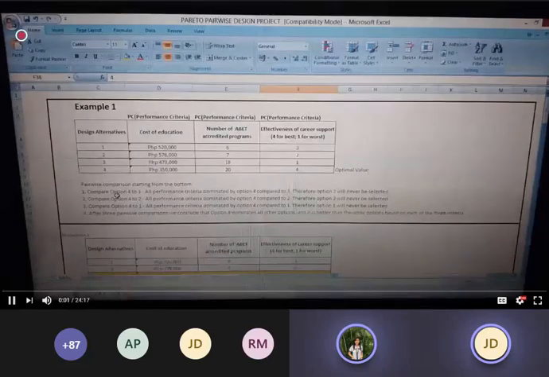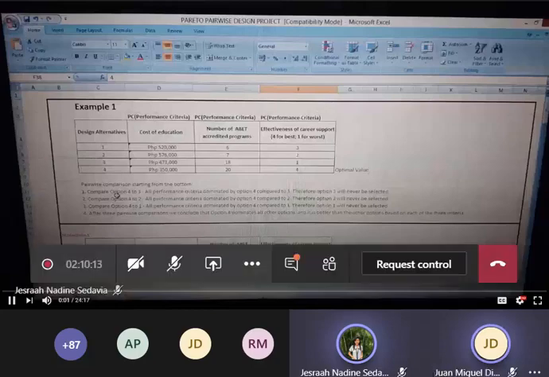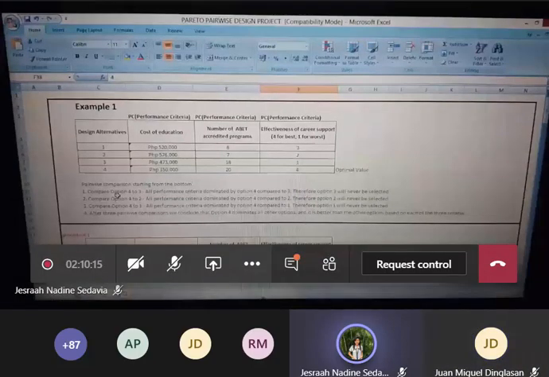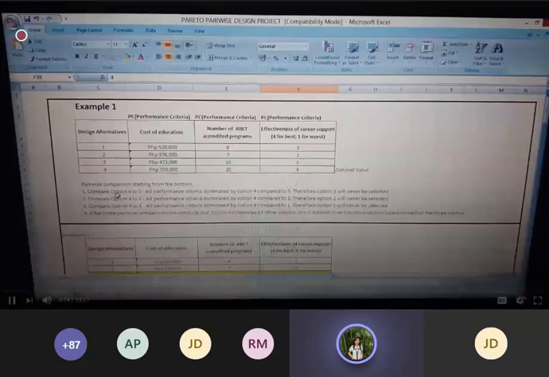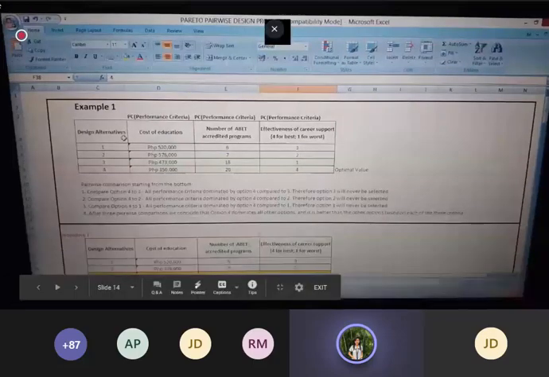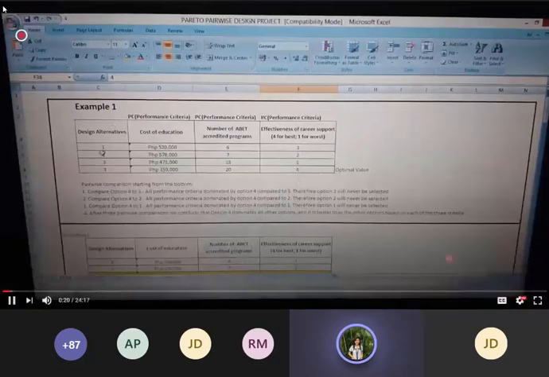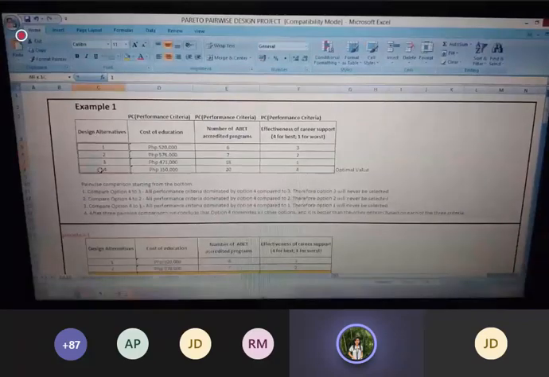Okay, good day everyone. So I'm about to present Pareto pairwise in the design project. So let's take a look at example number 1. Consider that we have 4 options, or 4 design alternatives.